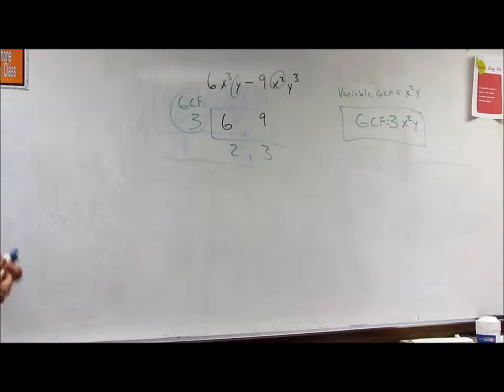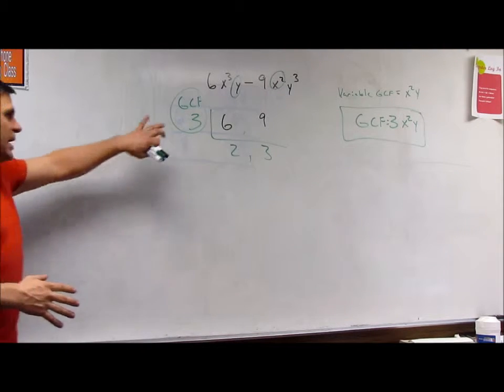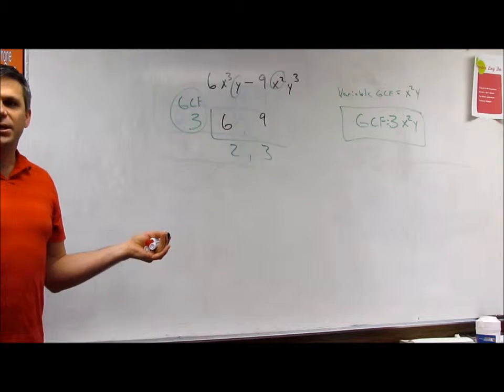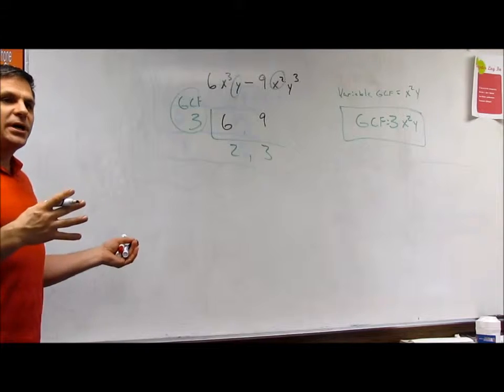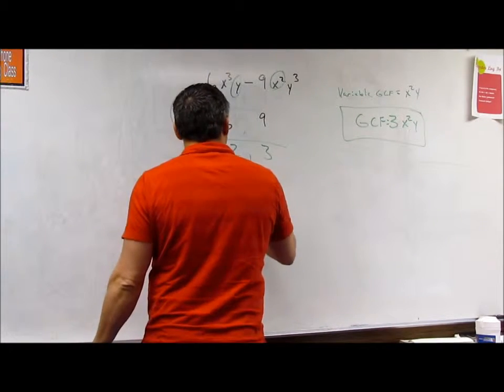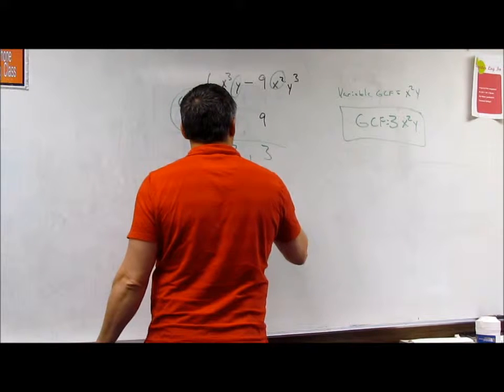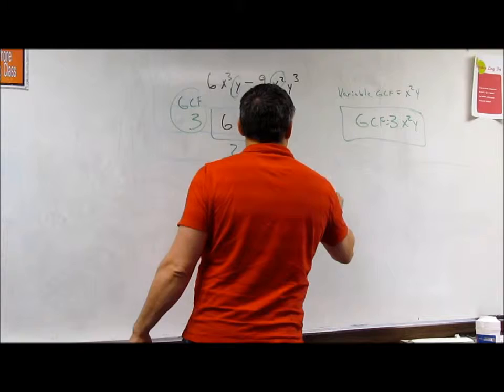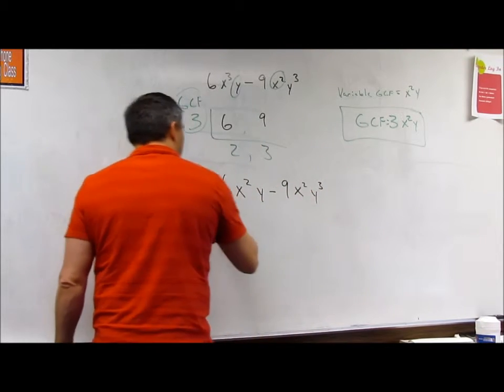Now, when I do that, if I want to break it down, that can be separate. Now, sometimes I need to see both of them, right? So, sometimes you might have to do something like this. 6x cubed y minus 9x squared y cubed.